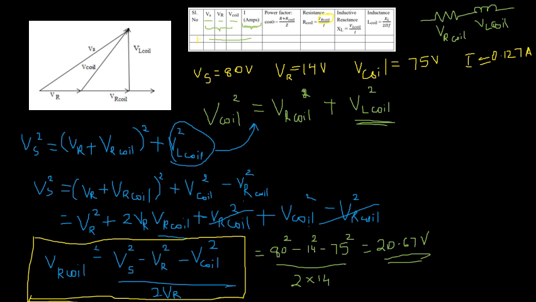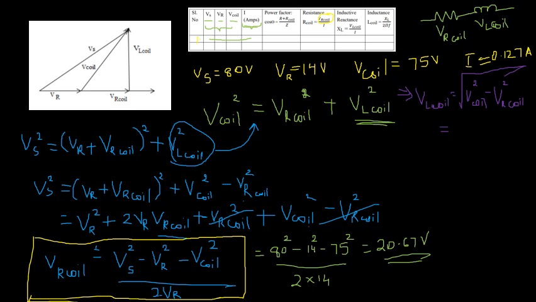Which implies the value of VL coil will be equal to the square root of V coil square minus VR coil square.